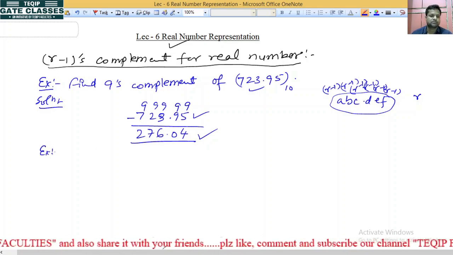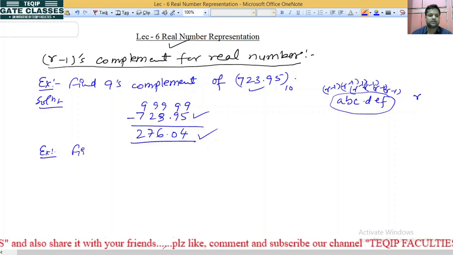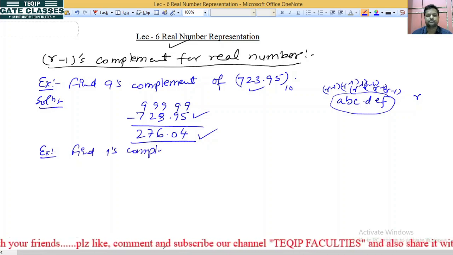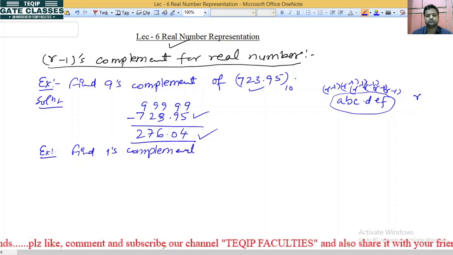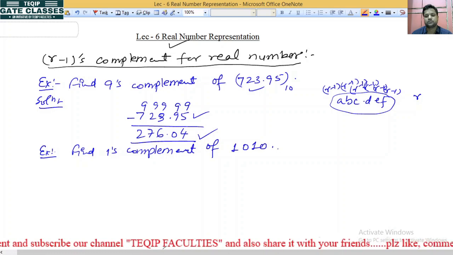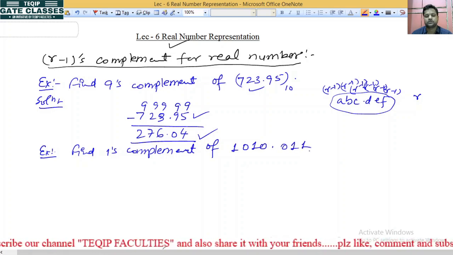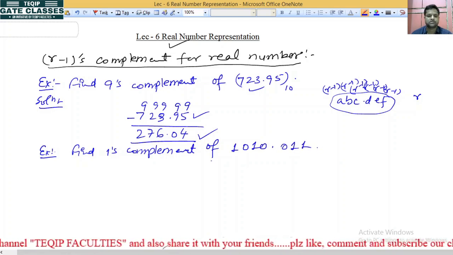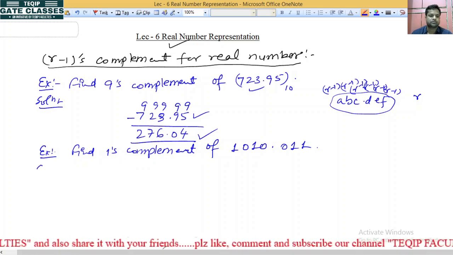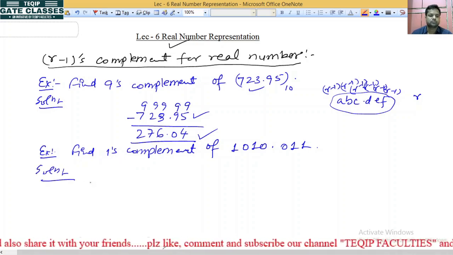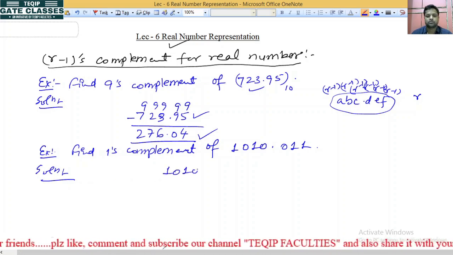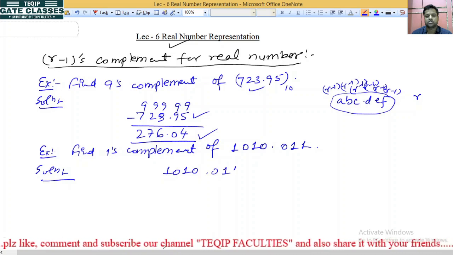Next example, find 1's complement of 1010.0011. This is our binary number system and I want to calculate 1's complement. What will be the solution? Solution you already know. We have the number.